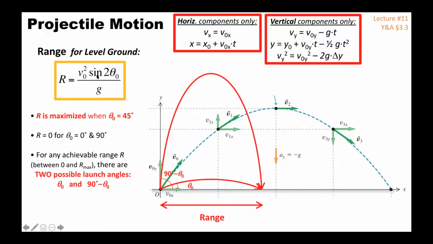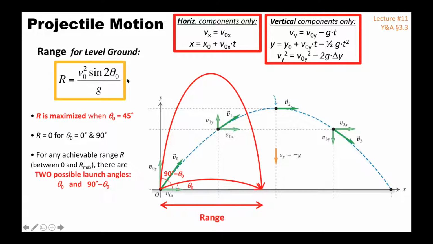When we take the inverse sine to solve for theta naught, inverse sine has two solutions between 0 and 180 degrees. Remember that every inverse trig function has two solutions on the unit circle, and for sine, both of those solutions are going to be between 0 and 180, right?